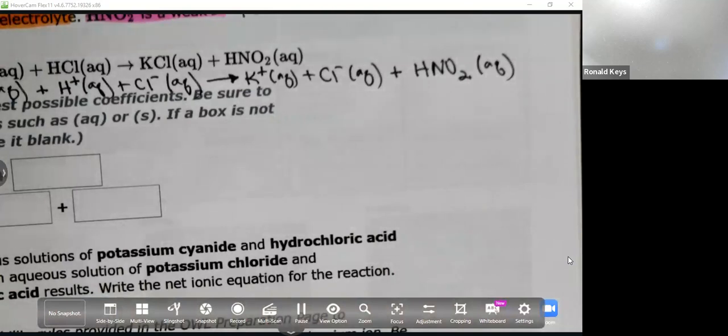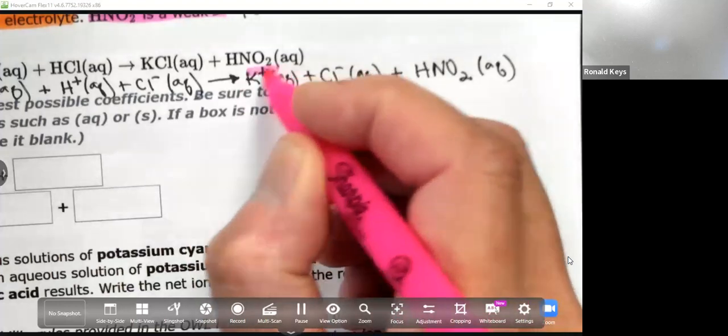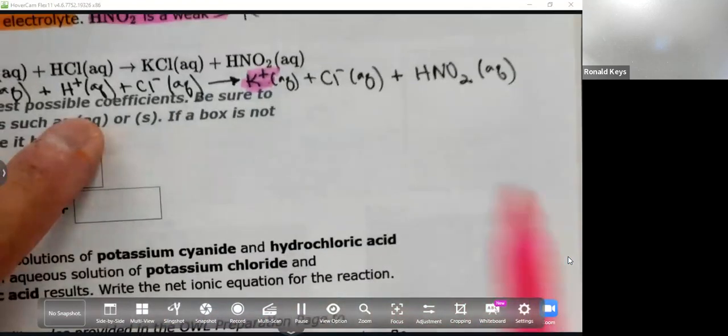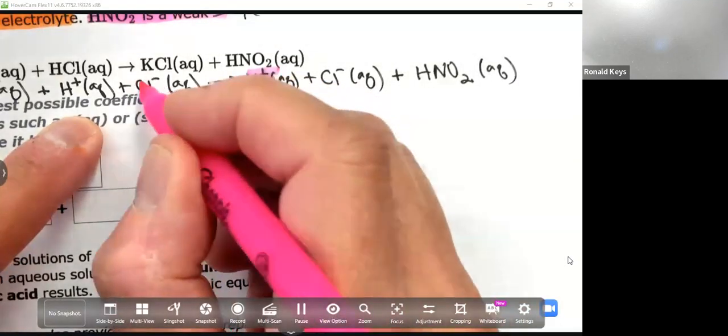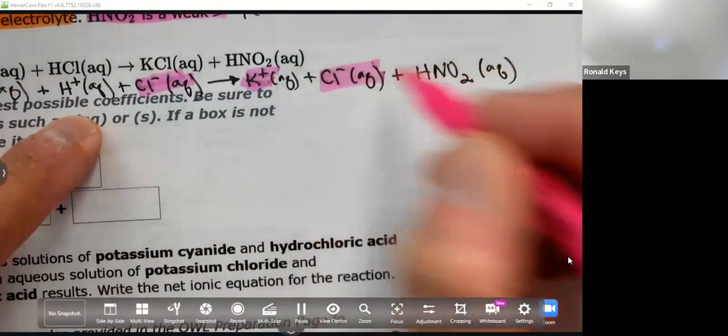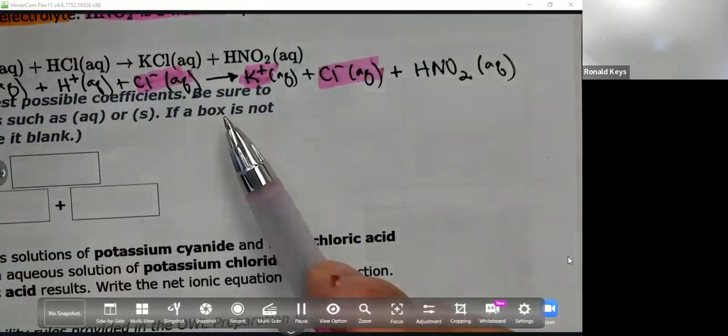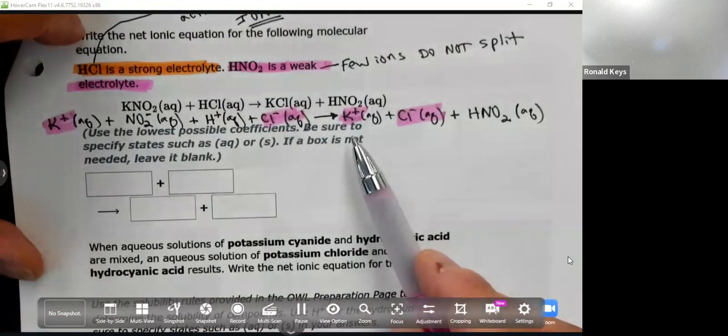Now, what do we get for spectator ions that are the same? K plus, K plus. So this is an exact OWL question, or it's going to be very, very similar.